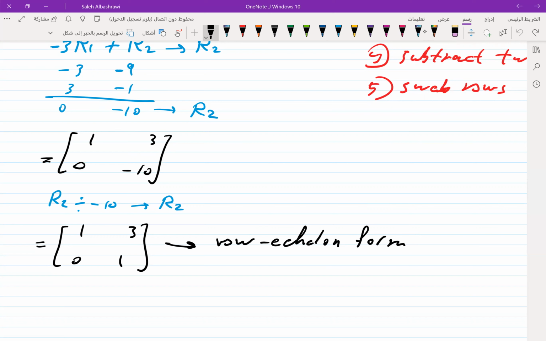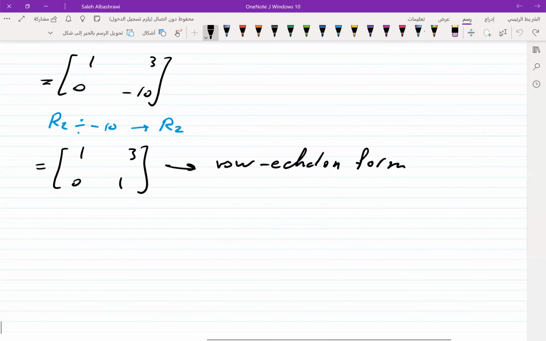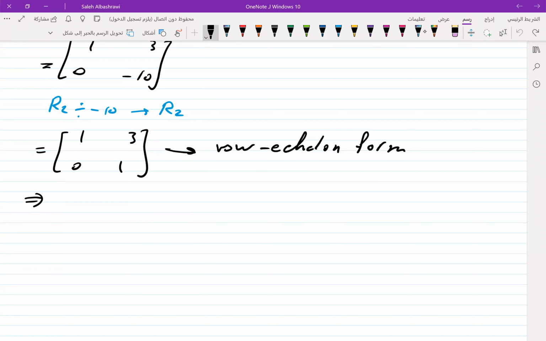Now this is row echelon form, and we can see in this row echelon form we have 2 vectors. None of them is equal to 0. I don't have any 0 vector in this matrix. So since both of them are not equal to 0, this will give me rank A equal to 2.